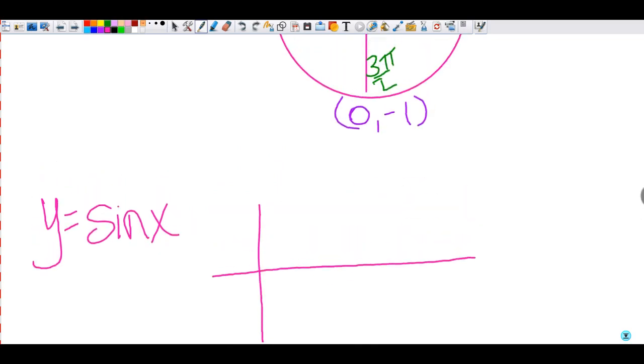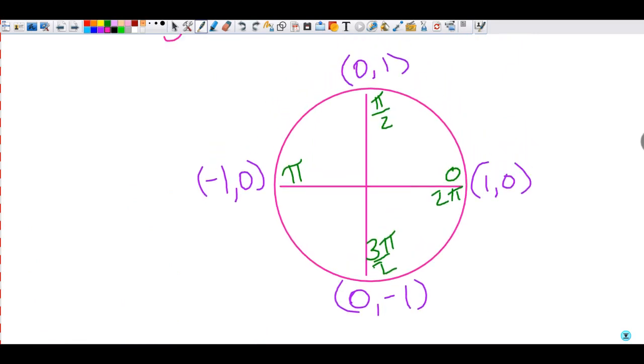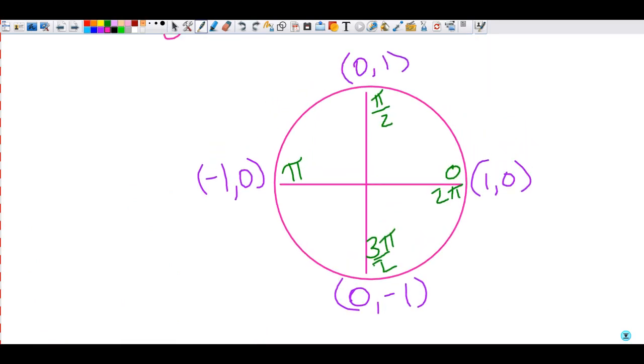We know that with our ordered pairs, it's always going to be cosine x, sine x, or theta. We'll talk about how those get used a little bit differently in just a minute, but whether it's theta or x.